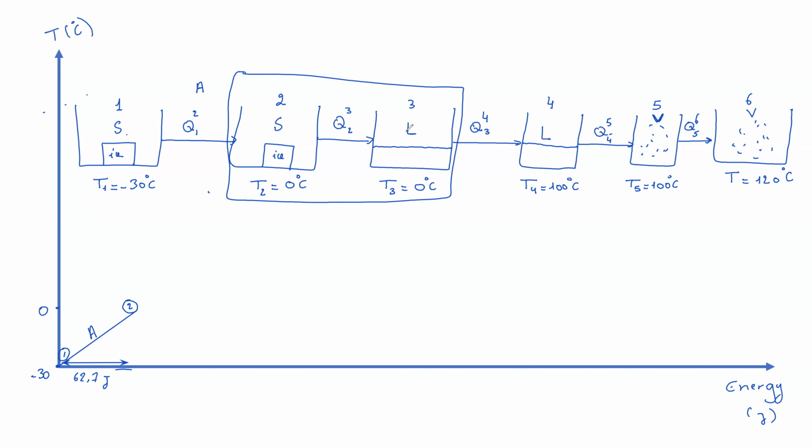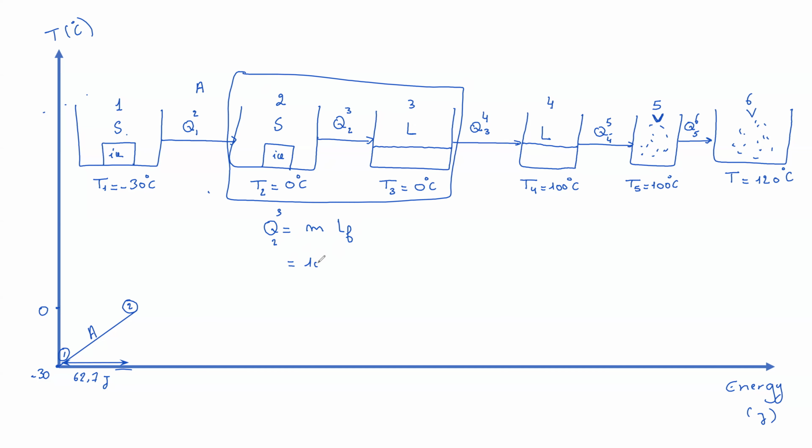from solid to liquid. As we have phase change, the energy required equals to mL. As we pass from solid to liquid, we use L, latent heat of fusion, to pass from state 2 to state 3.